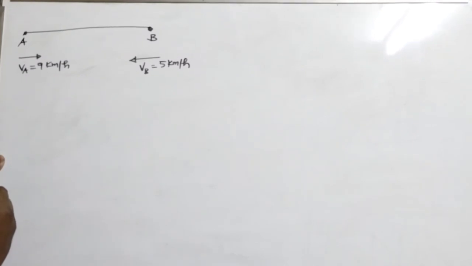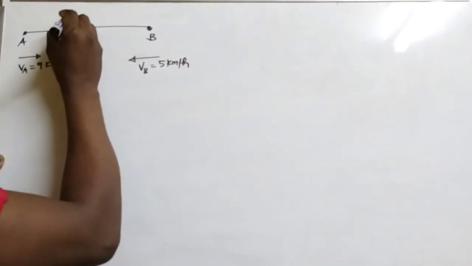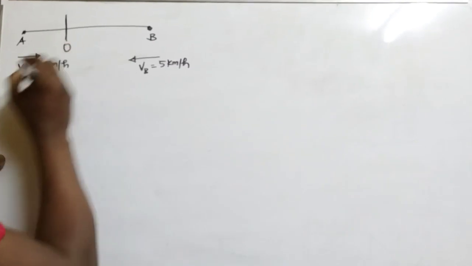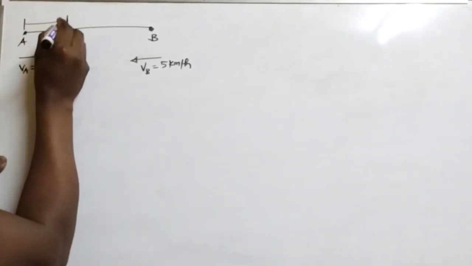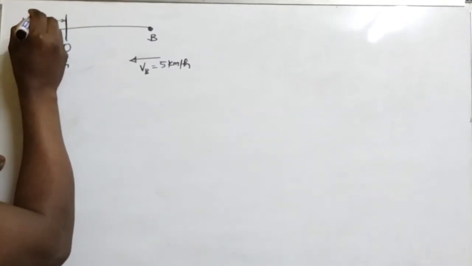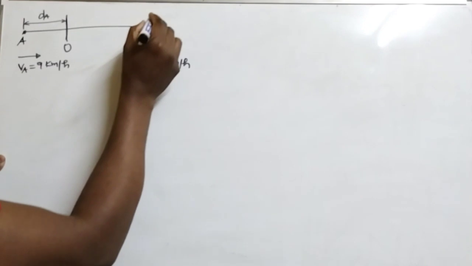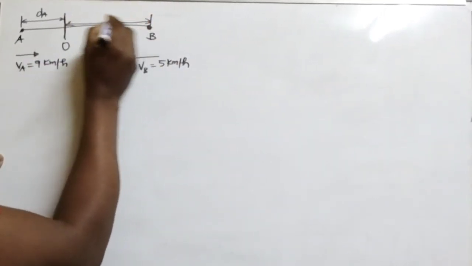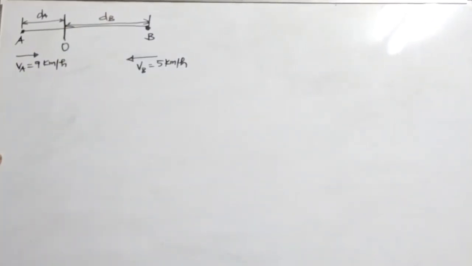Now the two are going to come across each other, they are going to encounter. The point of their meeting, I prefer to take it up there, and let me call this point of meeting O. So A is going to travel a distance that I will call dA and reach the point of the meeting, and B is going to travel a distance that I'll call dB and meet with the vehicle.